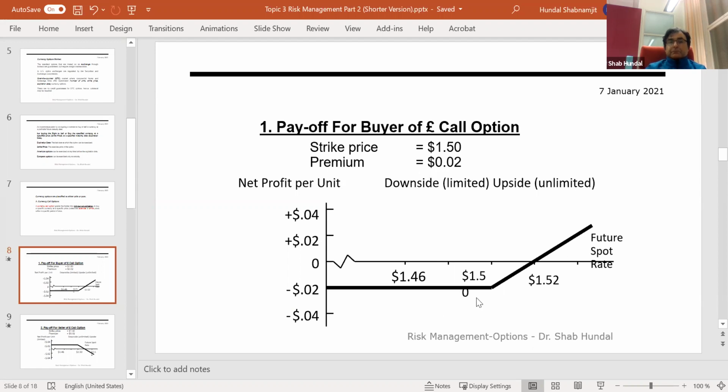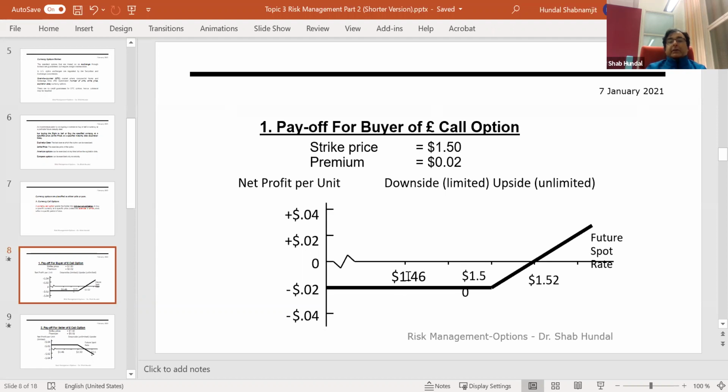Okay. And let's see that now the time you are making a decision to exercise the option, you're considering that should you exercise the option or not. And remember that your strike price or the exercise price is 1.50 American dollar for £1. And in this example, we assume that your domestic currency is American dollar. Now see what happens.